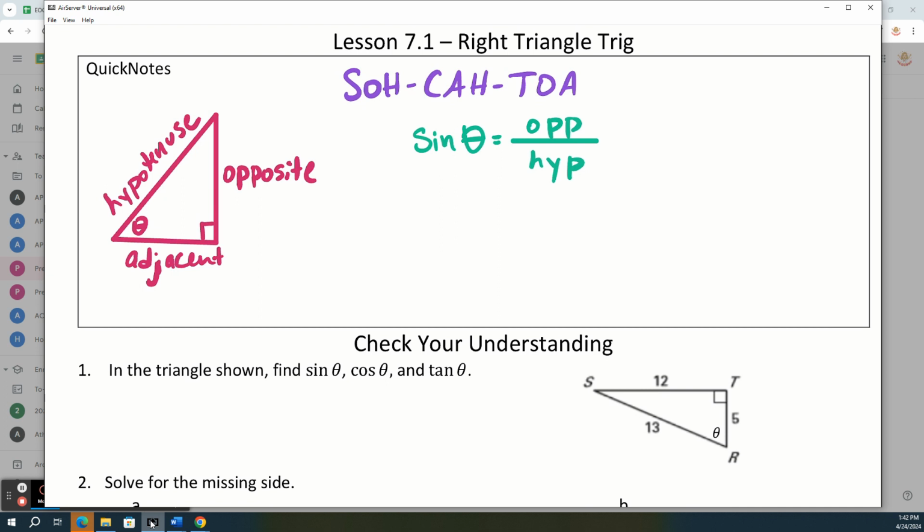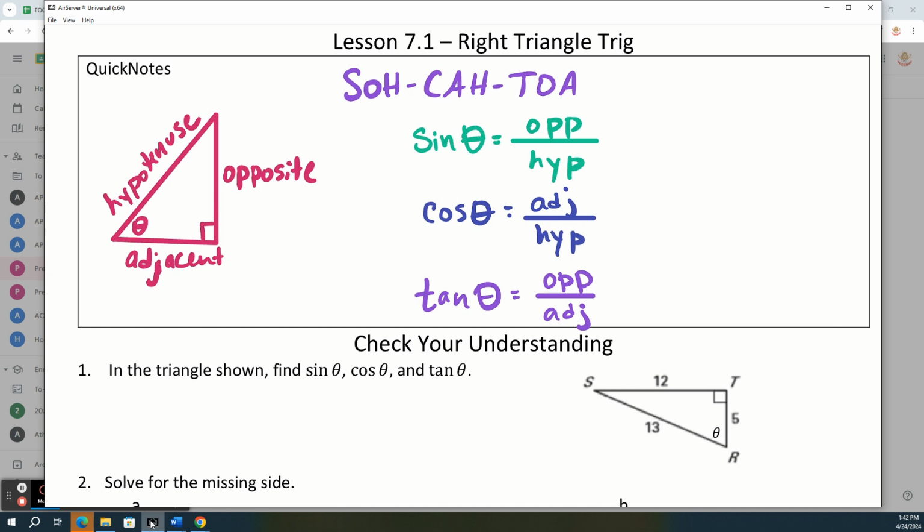If I want the cosine, I remember the CAH part, which is the adjacent over the hypotenuse. And for tangent, the TOA part, which is the opposite over the adjacent.